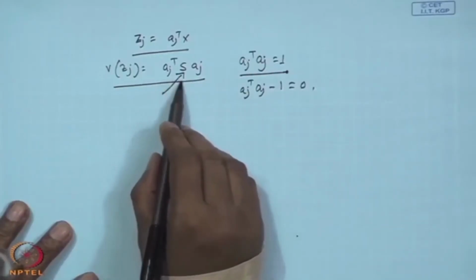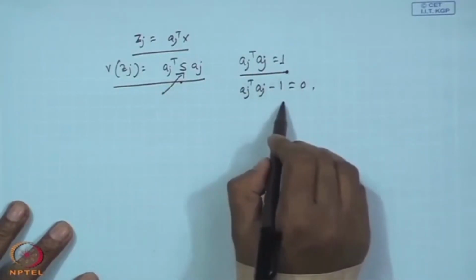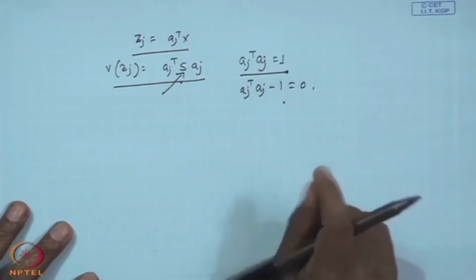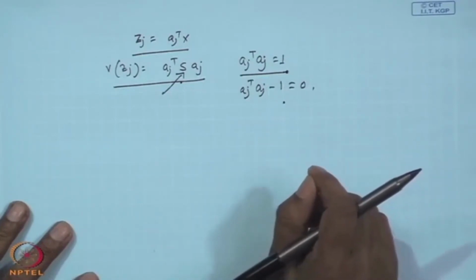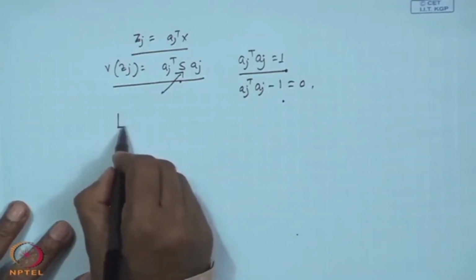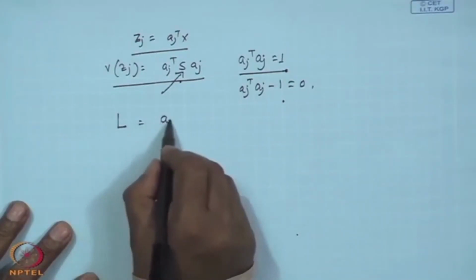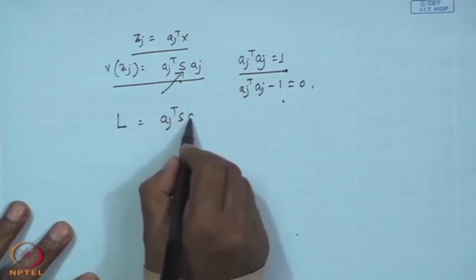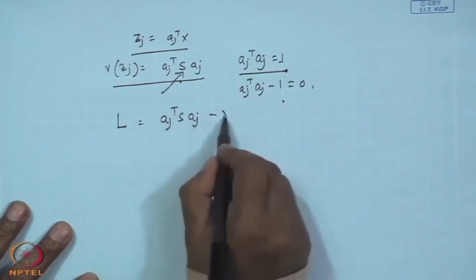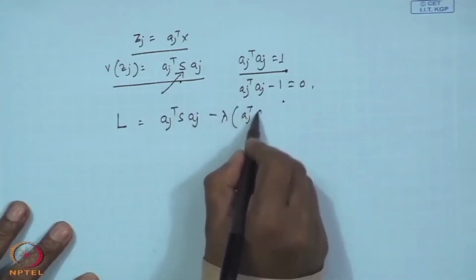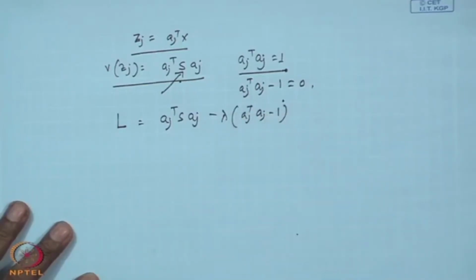As we want to maximize this with respect to this condition, what we can do is create a function. Suppose this function is L, which is Aj transpose S Aj minus lambda into Aj transpose Aj minus 1.